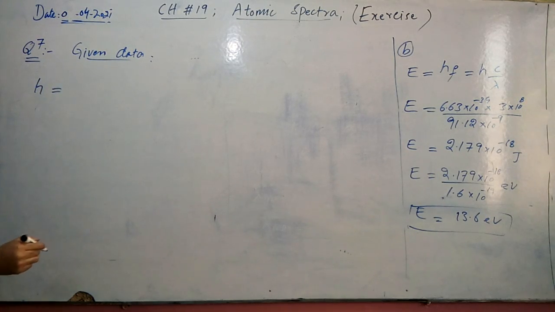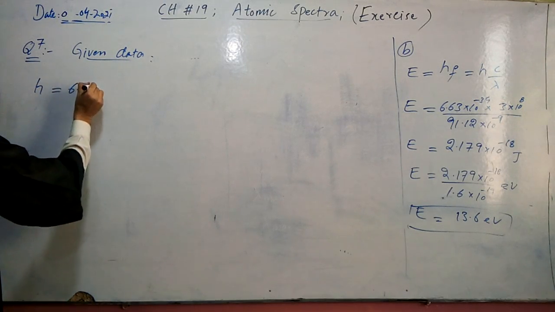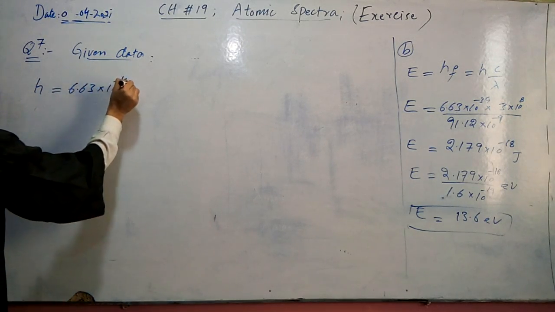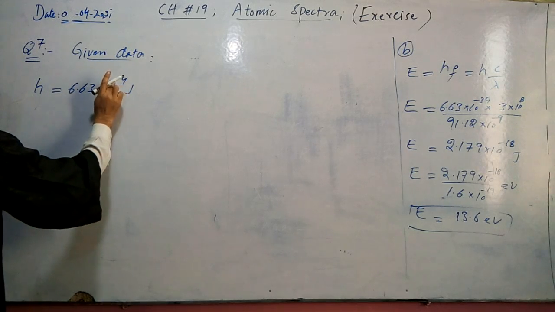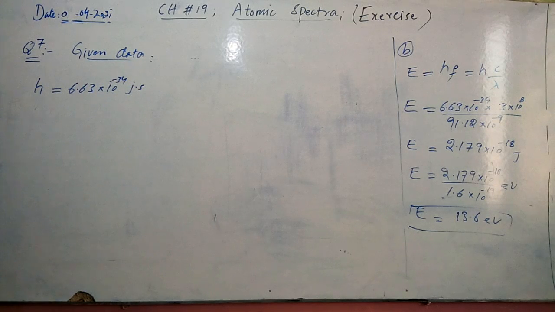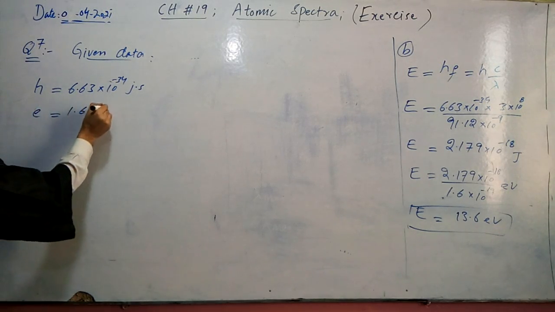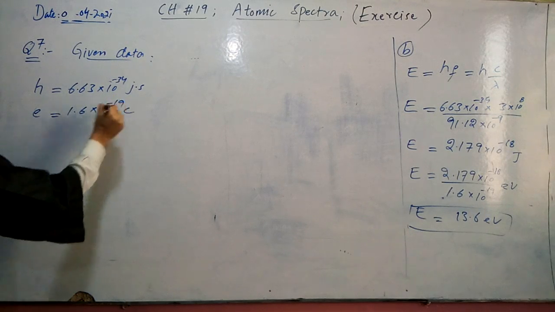Planck's constant, which is equal to 6.63 multiplied by 10 power minus 34 joule second. The second thing we must know is the charge on the electron, e, which is equal to 1.6 multiplied by 10 power minus 19 coulomb.